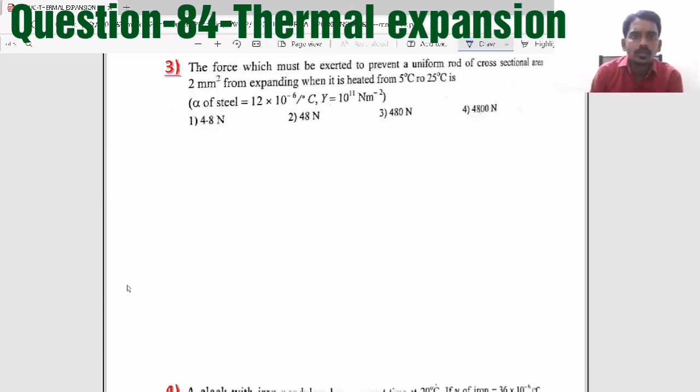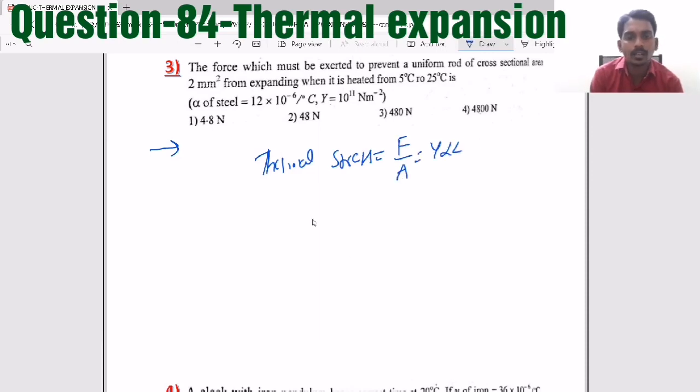Now the next thing, the force which must be exerted to prevent a uniform rod of cross-sectional area 2 millimeter square from expanding when it is heated from 5 degrees Celsius to 25 degrees Celsius. See, it is about thermal stress. Thermal stress is force by area equal to Y alpha delta theta.